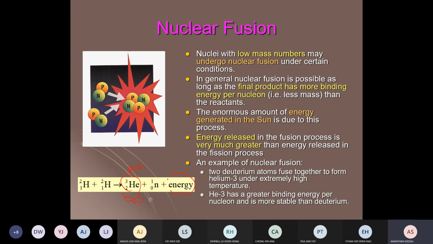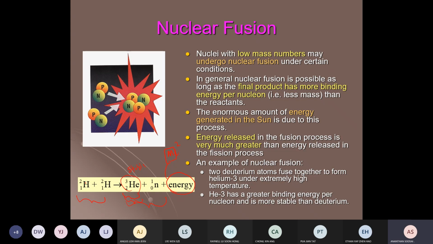The energy release here we can calculate by using mc squared again. But which mass to be used here? In this case, we need to find the total mass of the reactant and the total mass of the product. The difference in the mass is the one turned into energy.